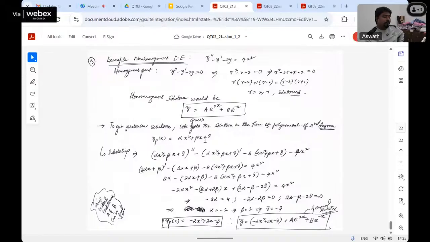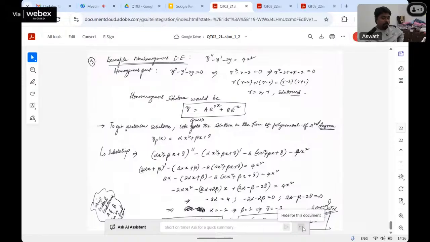When you substitute here, I would get the conditions on alpha, beta, and gamma, so you can exactly find alpha, beta, gamma.